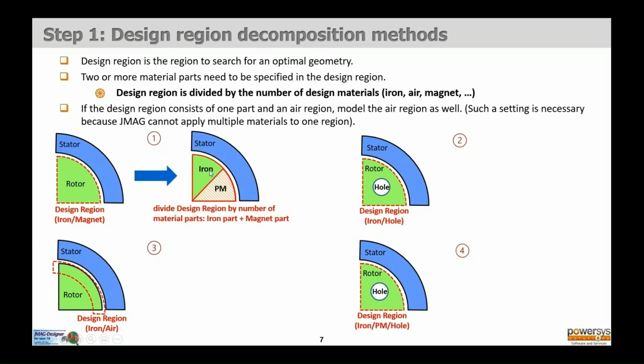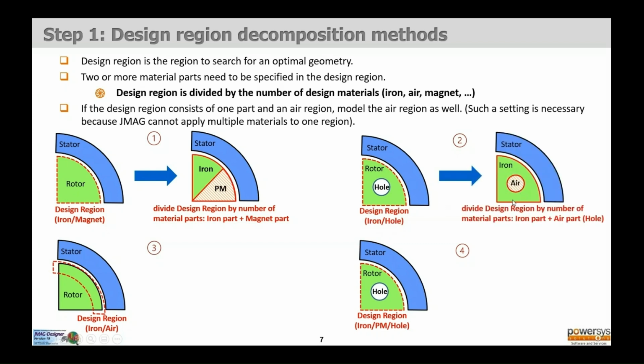This means that I will divide this design region by two. This is just one example, but you can also divide like this. You have many possibilities. Here I want to design the whole rotor shape, taking into account the shape of the hole and using two types of materials, iron and air, for example. This is how I will represent my design region.